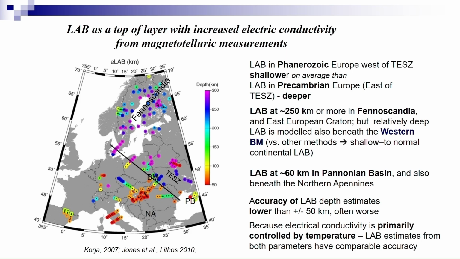LAB at approximately 250 kilometers or more is in Fennoscandia and the Eastern European Craton, but also beneath the Western Bohemian Massif, which is incompatible with other methods, imaging there the shallow to normal depth continental LAB. In the Pannonian Basin or in Northern Apennines, the LAB updomes up to about 60 kilometers.